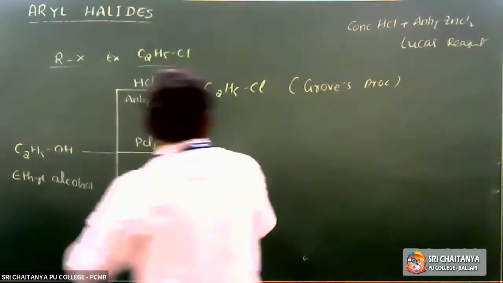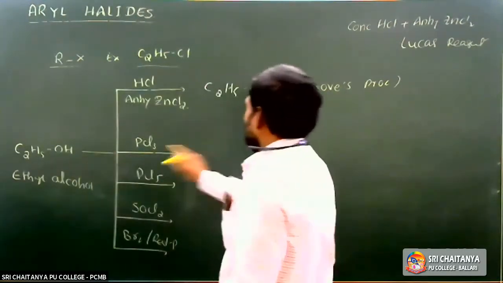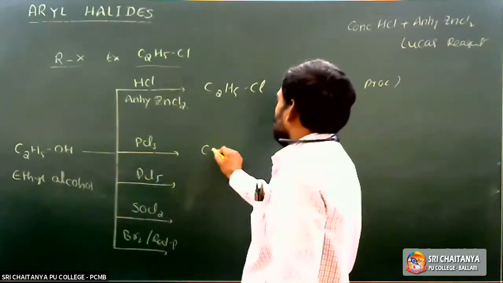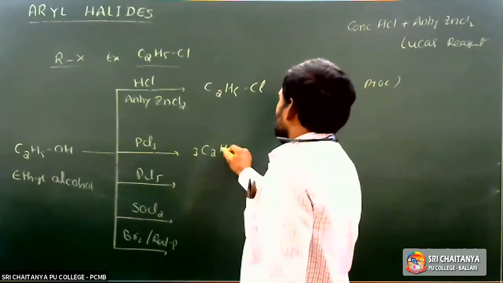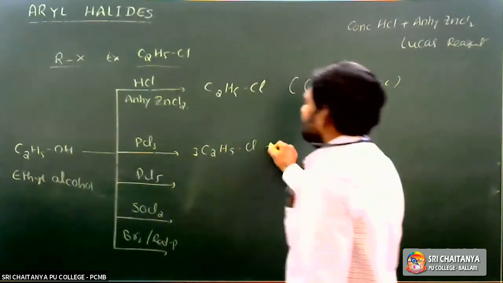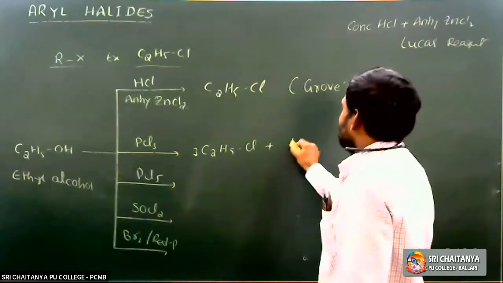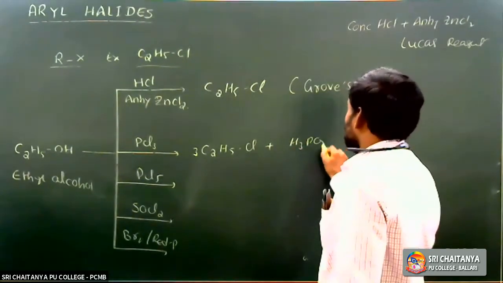With PCl3, 3 moles of ethyl alcohol give 3 moles of ethyl chloride, and H3PO3 is the byproduct.